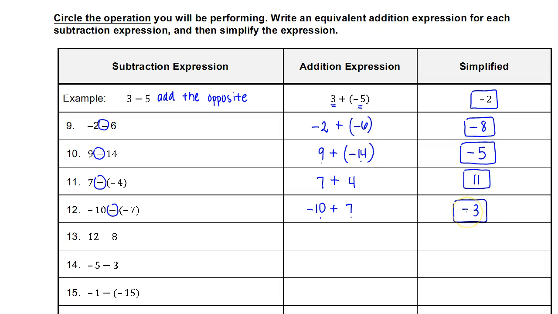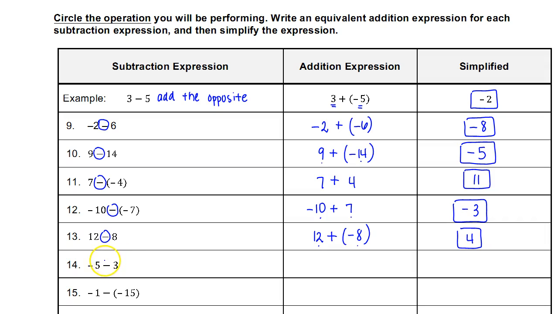So answer is -3. Number 13 is 12 minus 8. I'm going to change it to 12 plus -8. So again, I'm adding the opposite. These 8 negatives will take 8 of those positives to form 0 pairs, leaving us with 4 positives remaining. Answer is 4.